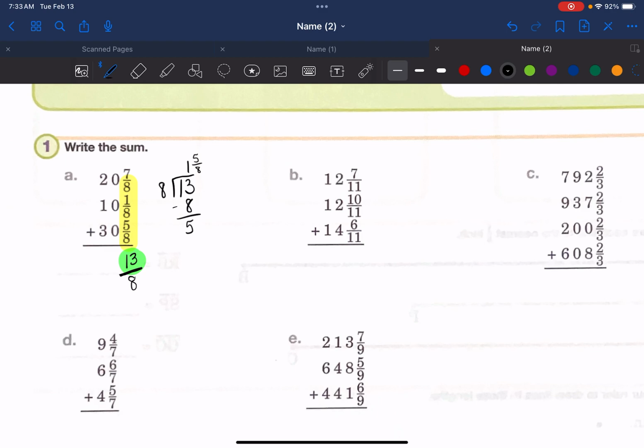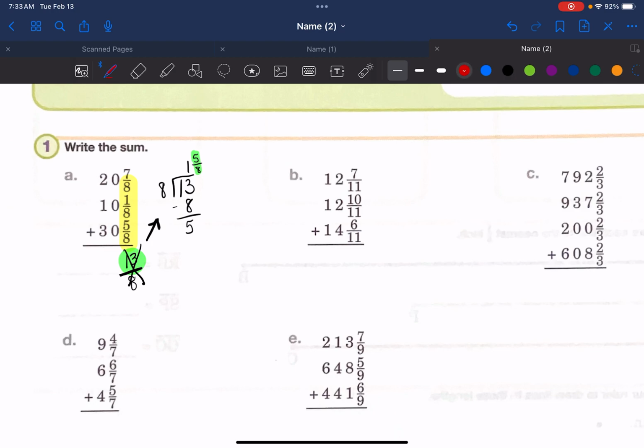Okay, so far you just learned to carry over the 1, but now today we see that you also have a fraction. So the fraction is going to stay there. I made it green to show that 13/8 is no longer existing. We converted it to 1 and 5/8.